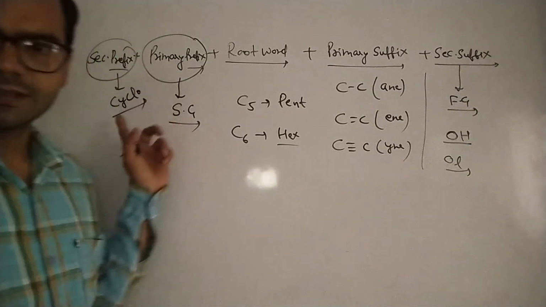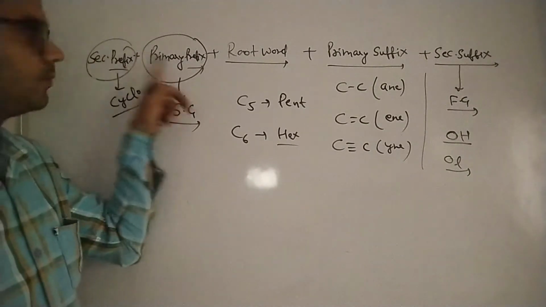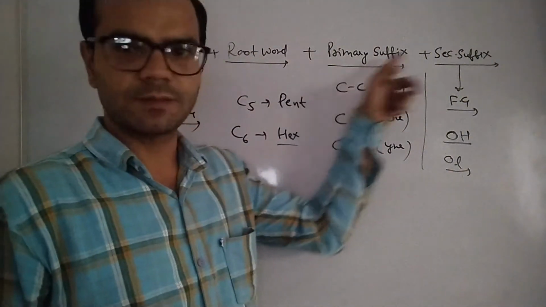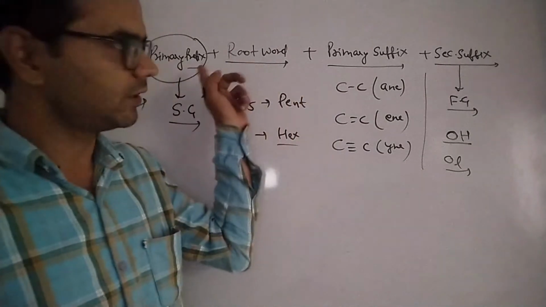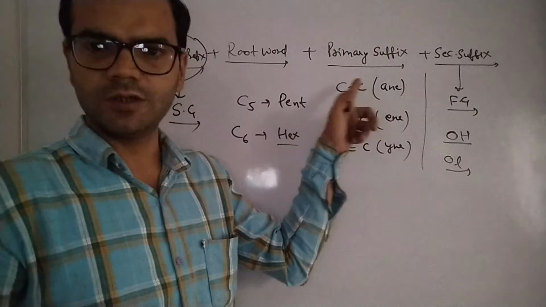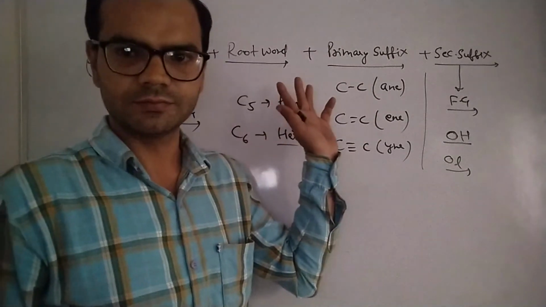And it will be cyclo. So secondary prefix plus primary prefix plus root word plus primary suffix plus secondary suffix. If we combine all these 5 things, then we obtain the IUPAC nomenclature of any compound.